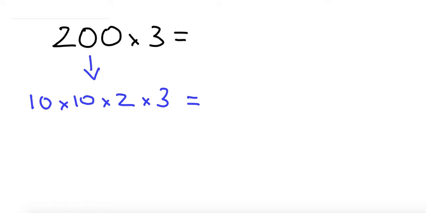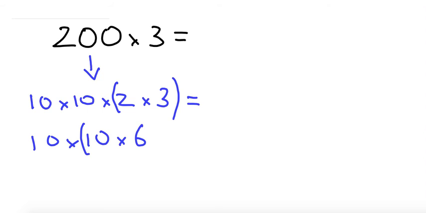So let's do it. Let's do 2 times 3 first. 2 times 3 is 6. And then we've got that 10 times 10 we'll bring down. So we've got 10 times 10 times 6. So let's do that 10 times 6 next. So 10 times 6 is 60.